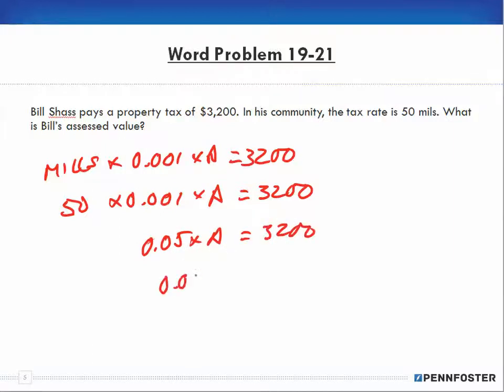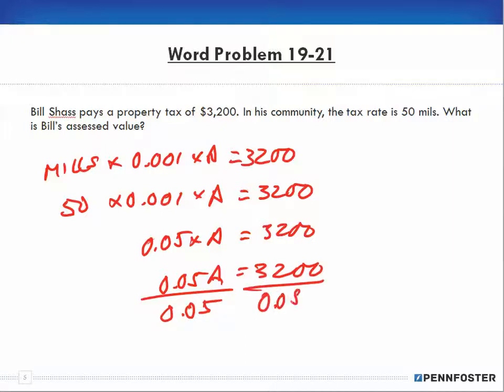So that's 0.05A equals 3,200, and we divide both sides by 0.05 to isolate the A. You remember doing this way back in the early chapters. So A is equal to 3,200 divided by 0.05, and that means the assessed value is $64,000.